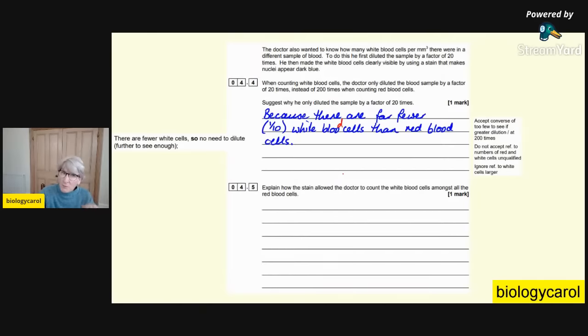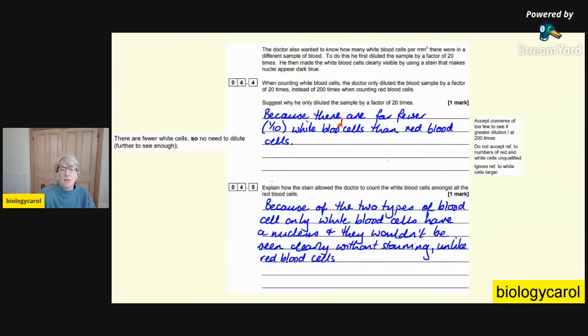White blood cells, quite possible that you couldn't see them in that kind of scenario of looking down a microscope, and therefore staining was needed to see them. So I put, because only white blood cells have a nucleus and they wouldn't be seen clearly without staining, unlike red blood cells. And I did think it was a little bit patronizing to say which are red, so I didn't. Okay, and anyway, it got me the mark.